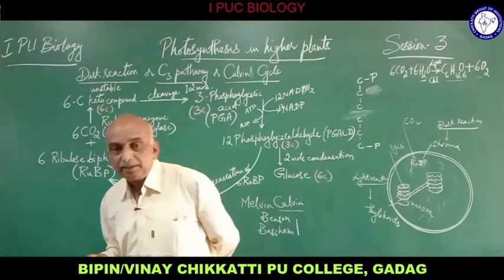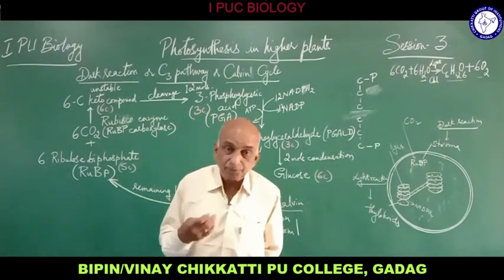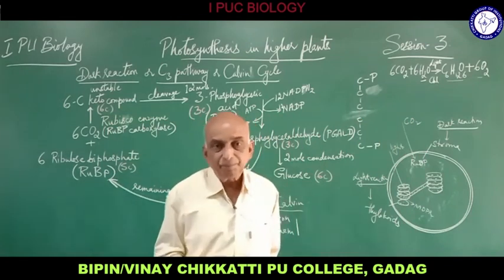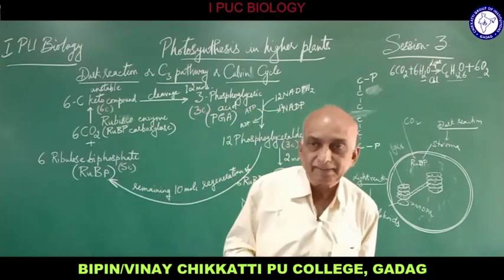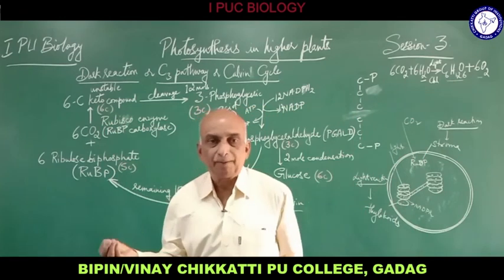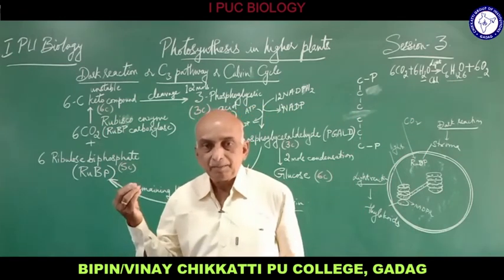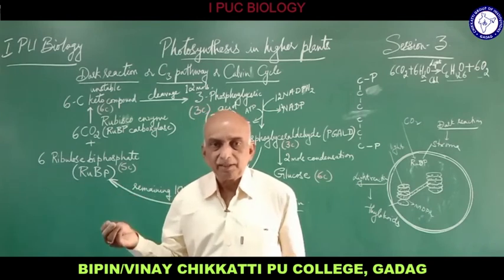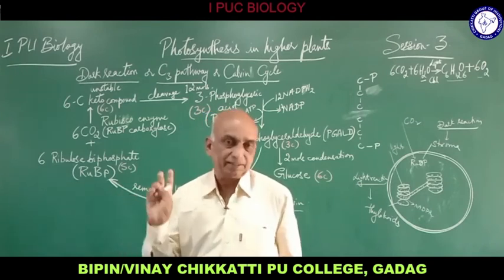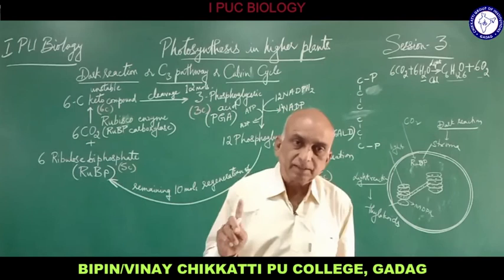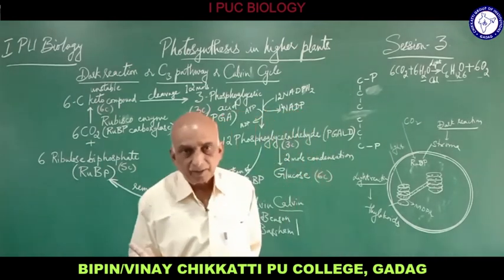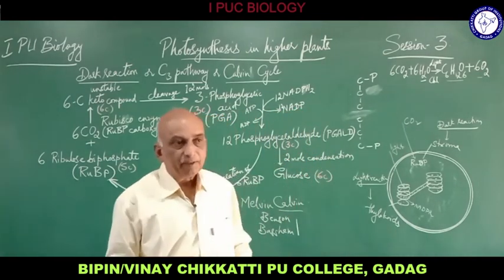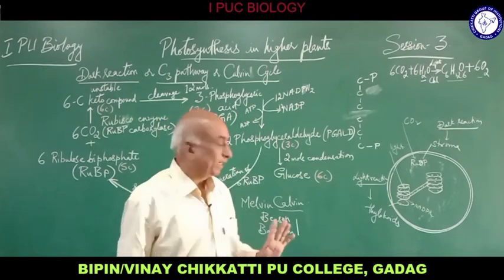See, but simply when we say what is photosynthesis, we just say photosynthesis is preparation of food by green plants using CO2 and water in the presence of light energy. So green plants means chlorophyll. Preparation of food, now food means only carbohydrate, remember.